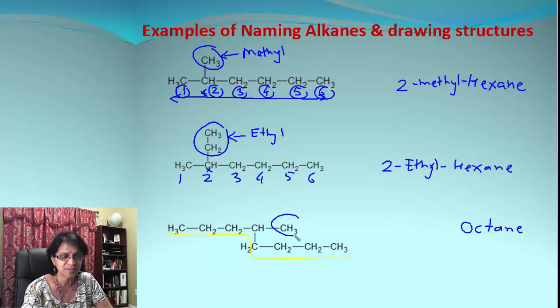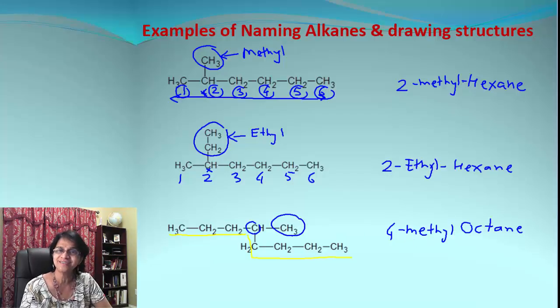Now this is the substituent which is attached. The carbon atom number over here should get the least number. So if you go from the right side, it's 1, 2, 3, 4 and 5. Whereas if you go from the left side, it's 1, 2, 3, 4. Remember, we need to get the least number. That means it will be 4. And then we got a methyl group, so it's 4-methyloctane.